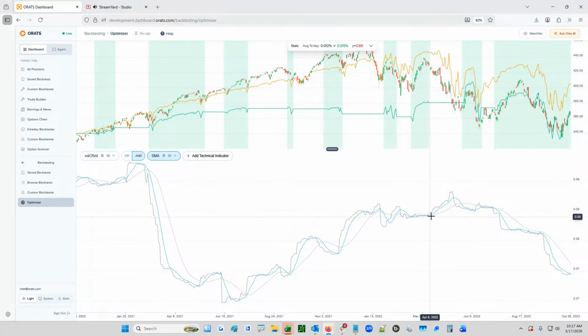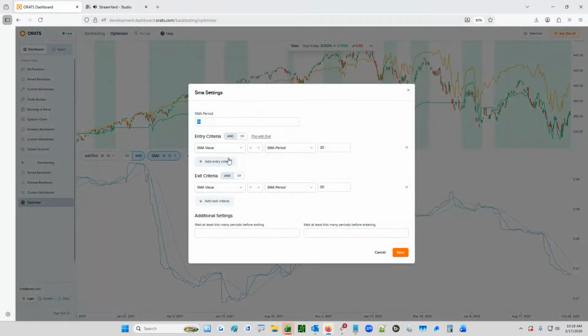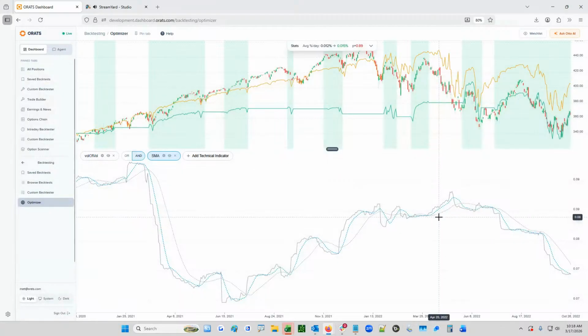What this said is the vol of the vol, the faster one, the blue one, started going above the gray one. You can always check, it's the 10-day versus the 30-day. Again, it's a measurement of the 20-day vol, so that might sound like a short time frame, but it's measuring a longer average anyway.